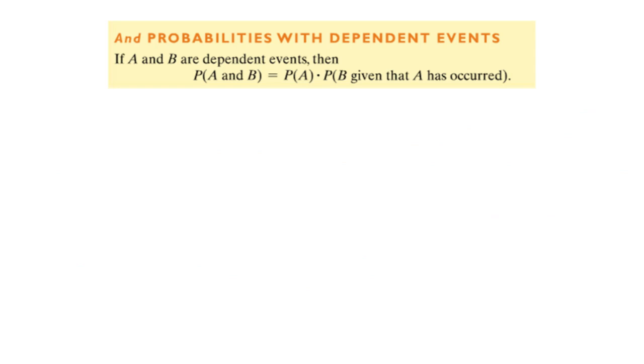So we were just introduced to "and" probabilities with independent events, and now we're going to learn about "and" probabilities with dependent events.